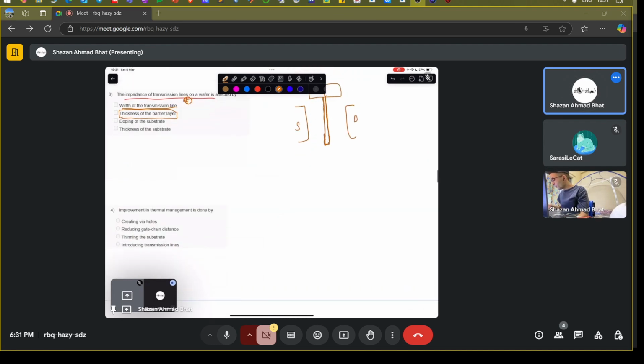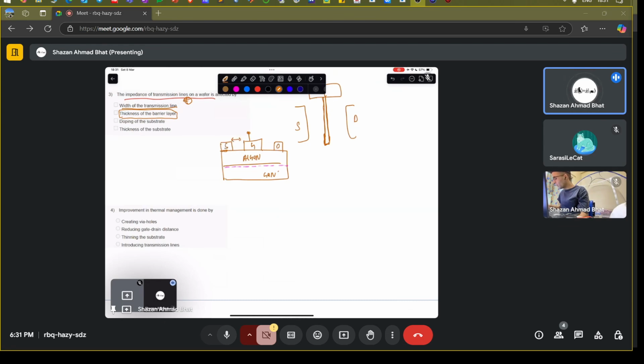Okay, so what happens is, as I told you, if you have an AlGaN layer and a GaN layer, you have a two-dimensional electron gas present here, and the gate is present at this particular region. This is the drain, this is the source.